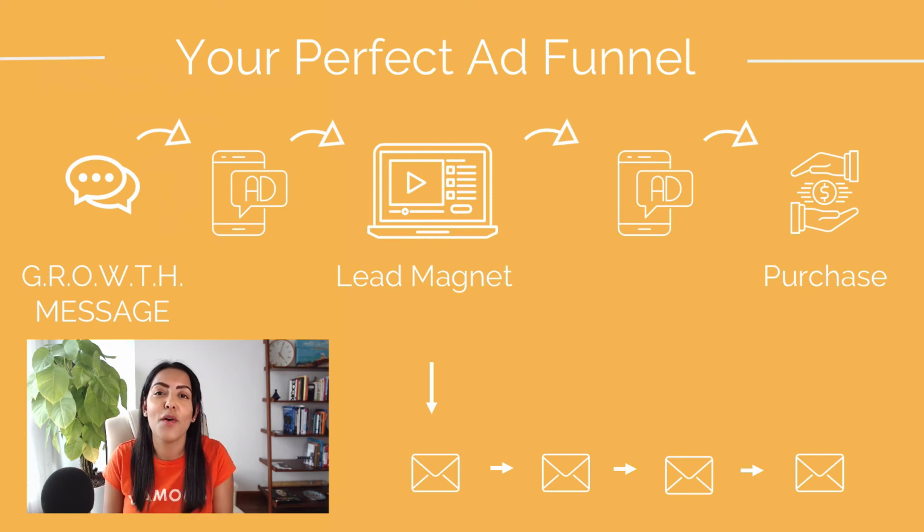And in the next video, I'm going to talk to you about exactly how to craft that, so that the people who click on your ad are qualified, they're interested in what's on the other side of that ad, and the value that you're providing them is perfect for them, so that they can consider purchasing your product down the line. You don't want to get cheap clicks or get people into your email list if they're never going to turn into customers. So check out that video so we can talk about crafting your growth message and continuing to make your perfect ad funnel.